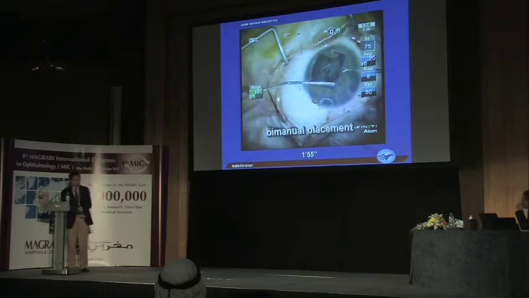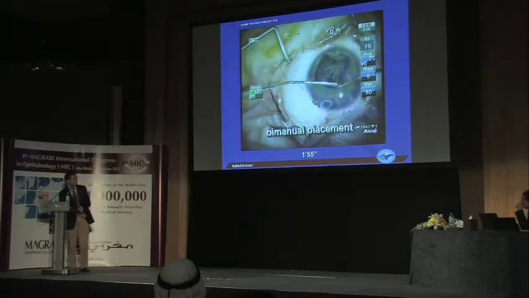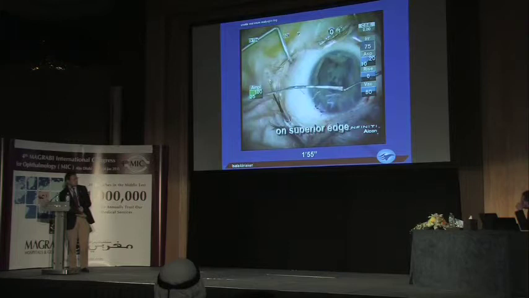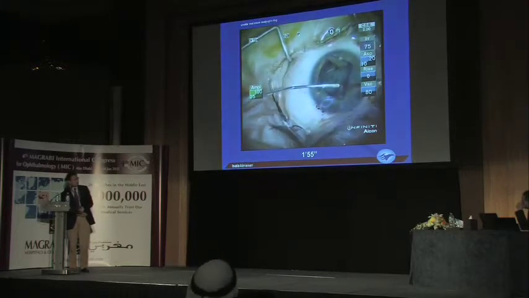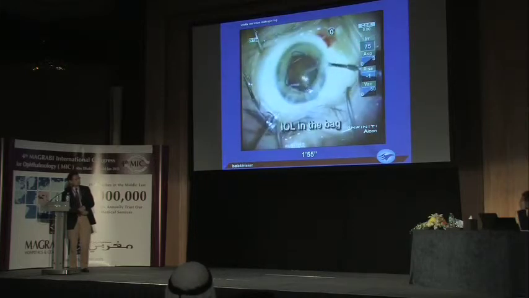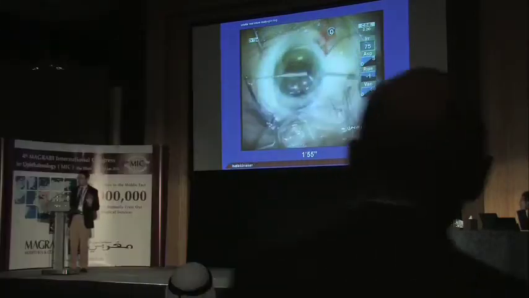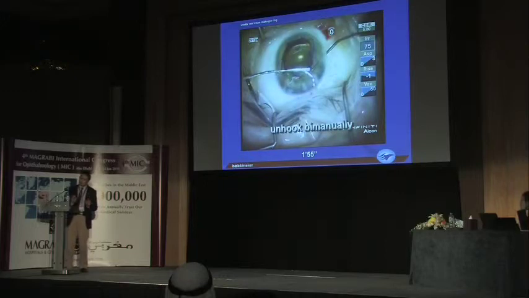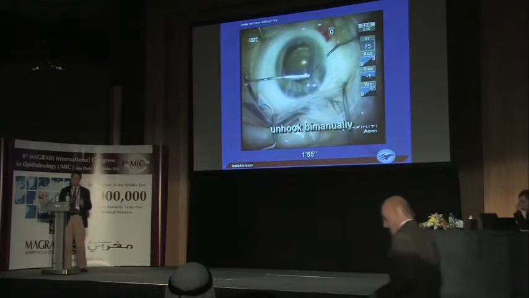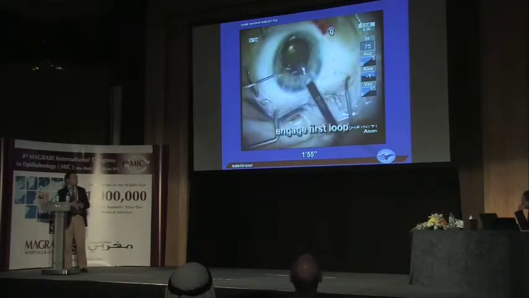Dislodge the proximal one, and I like the bimanual engagement of the superior loop because it's less traumatic. But once you have that ring in place, surgery is really just smooth and simple.